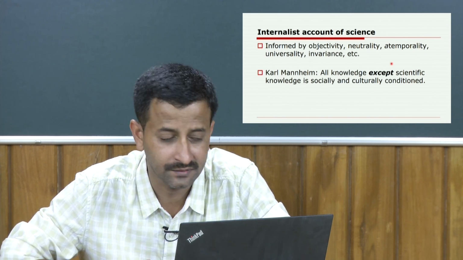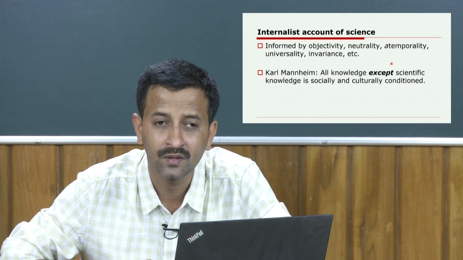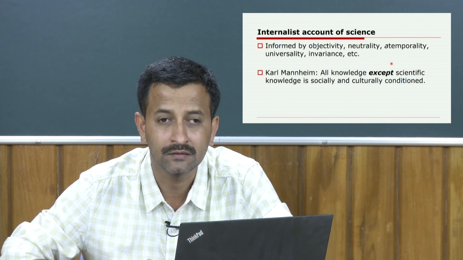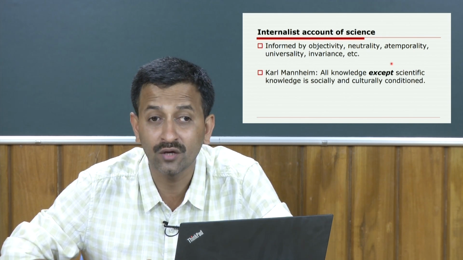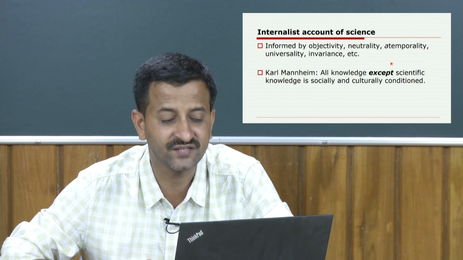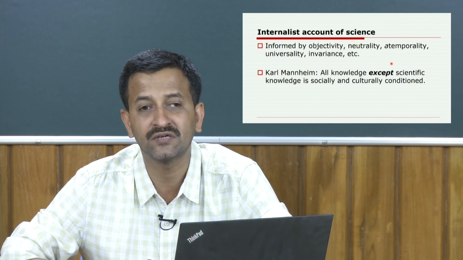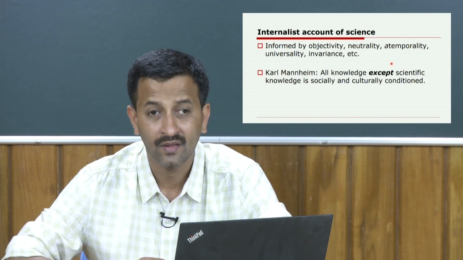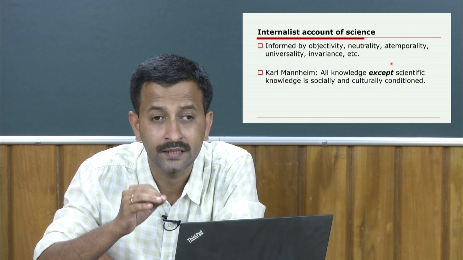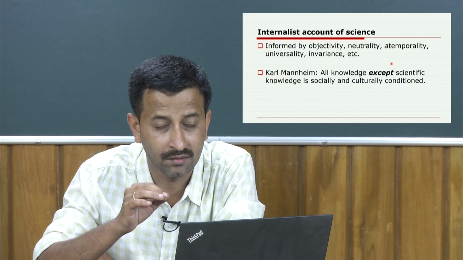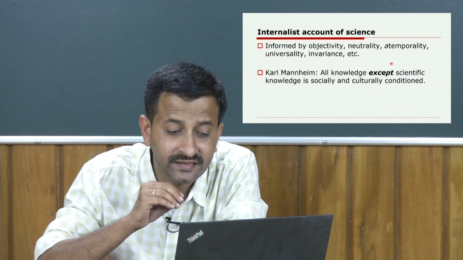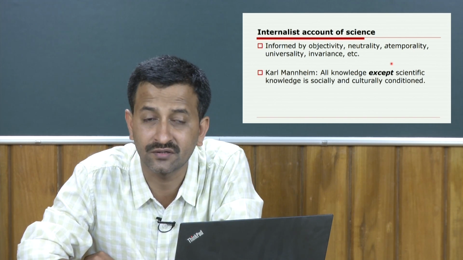Perhaps for this reason, Karl Mannheim, one of the founders of the sociology of science and technology, wrote in Ideology and Utopia that all knowledge except scientific knowledge is socially and culturally conditioned. I must emphasize the way Mannheim suggested this.